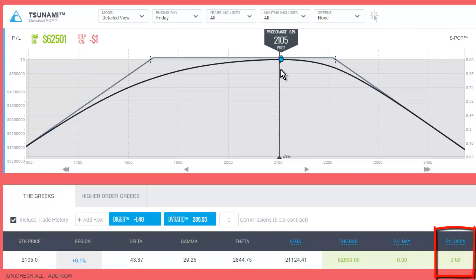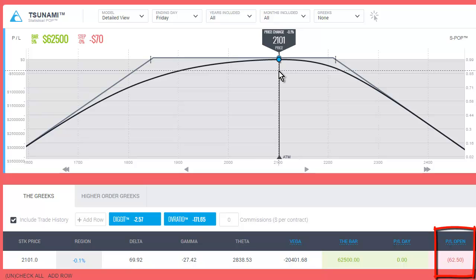Okay, so now that we've discussed how the margins are calculated, there's another component to the margin system where they also calculate $37.50 per contract.